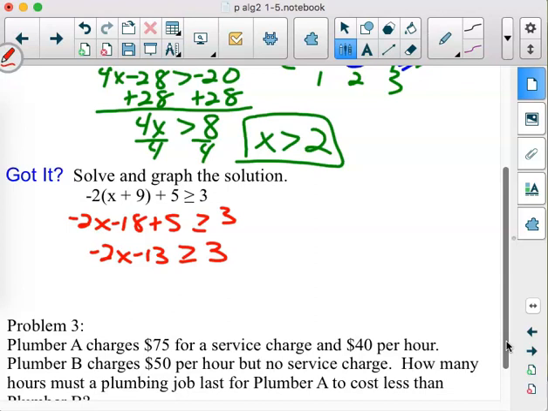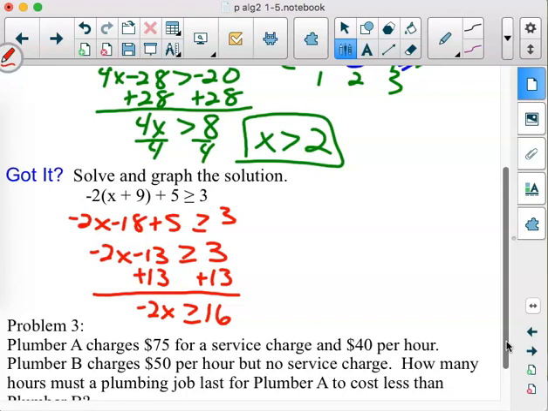Next step. Add 13 to both sides. Do we do any flipping for adding 13? No flipping. Then what do we do?